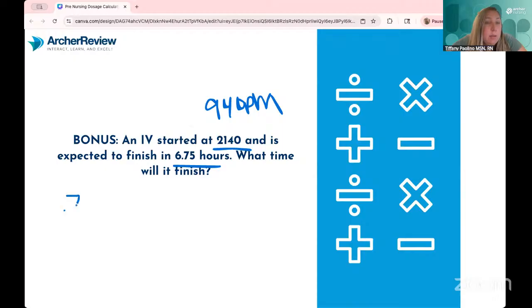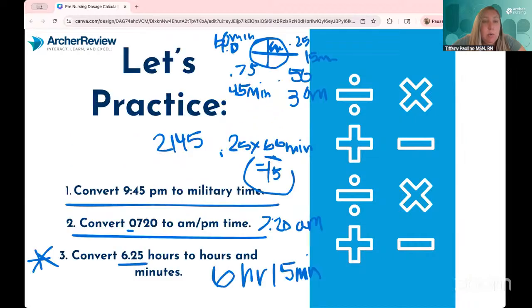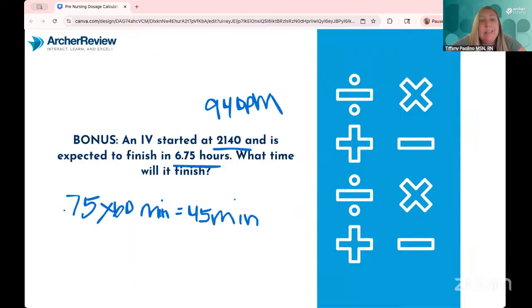I just talked about it in the previous one. 0.75 times 60 minutes, and that'll give me 45 minutes. You can also go back to here where I did that little diagram. Remember, 0.75 is equal to 45 minutes. Okay, so we know we need 6 hours and 45 minutes from this time.